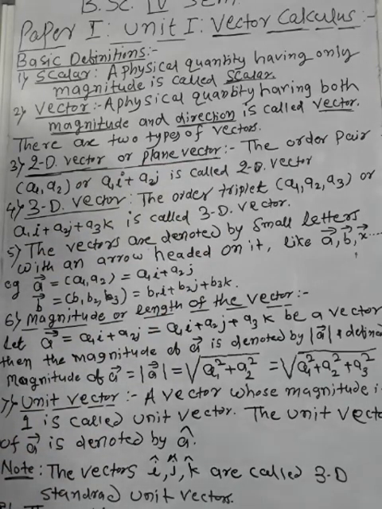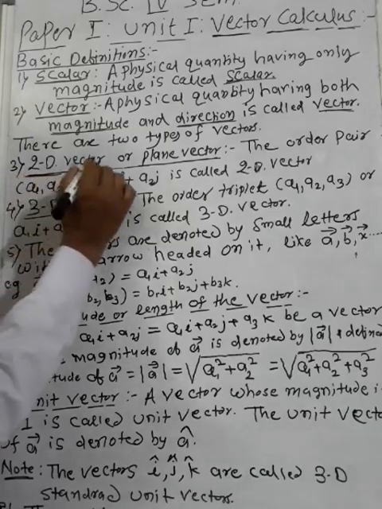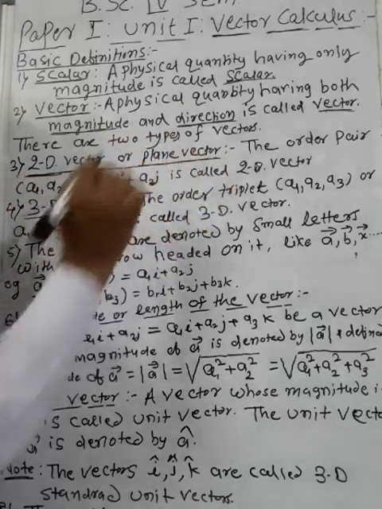In a plane, we consider coordinate geometry, which is called two-dimensional geometry, and hence two-dimensional or plane means it is in a plane.